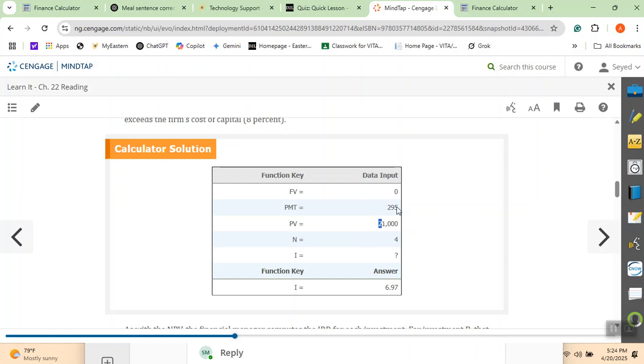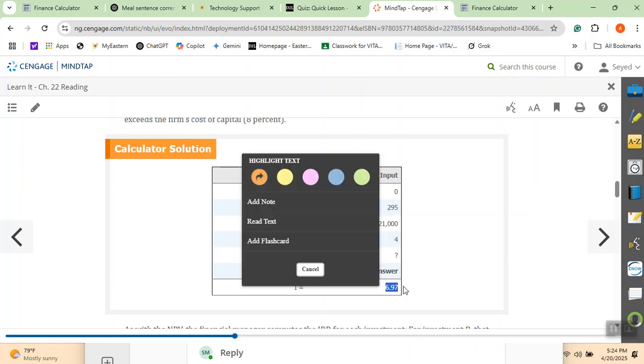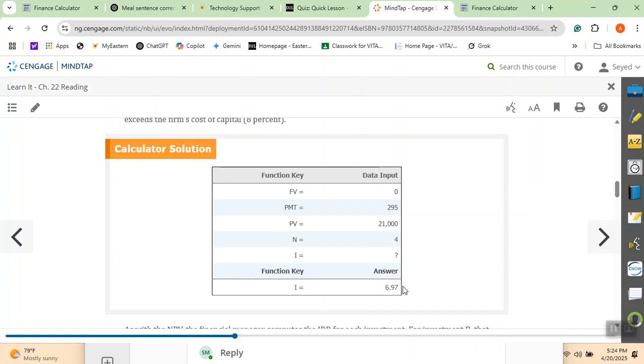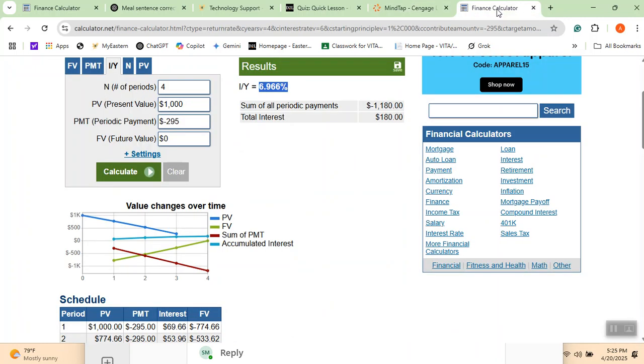That way you can take your products, tomatoes, to the market, and it's going to give you $295 every year for 4 years, and then after 4 years, that truck is going to be trash. Therefore, the rate that is returned to you is 6.97. This is what you saw here, 6.966, or the same as 6.97.